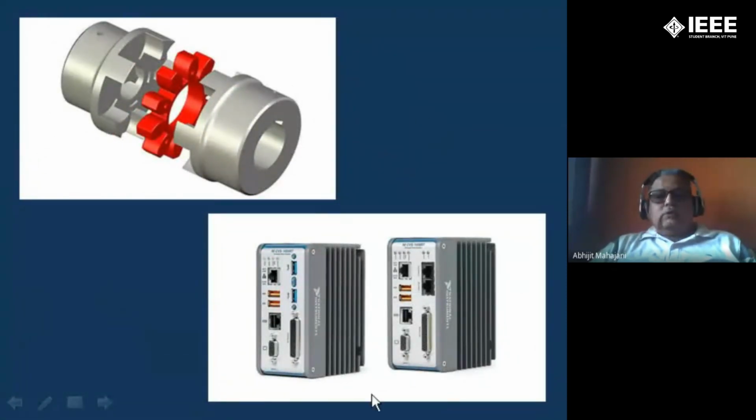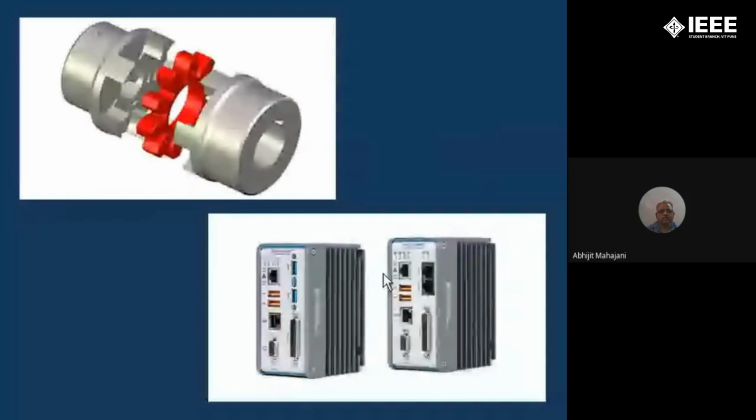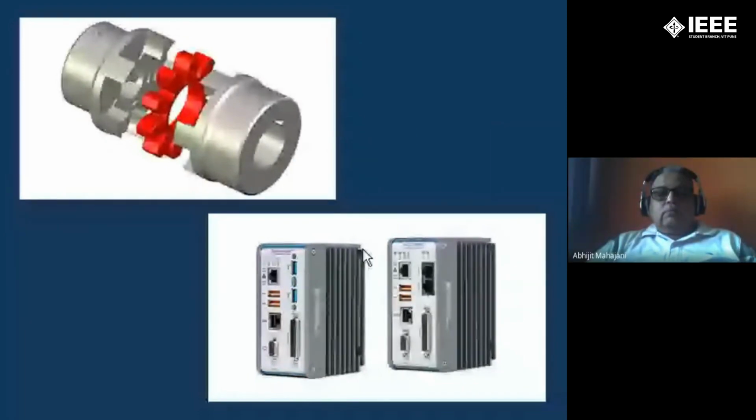I showed you in the earlier Industry 4.0 slides that there is something called an edge node device. So what is an edge node? Edge node is basically devices which talk to each other because the protocols are different. People have developed something called an edge node device.